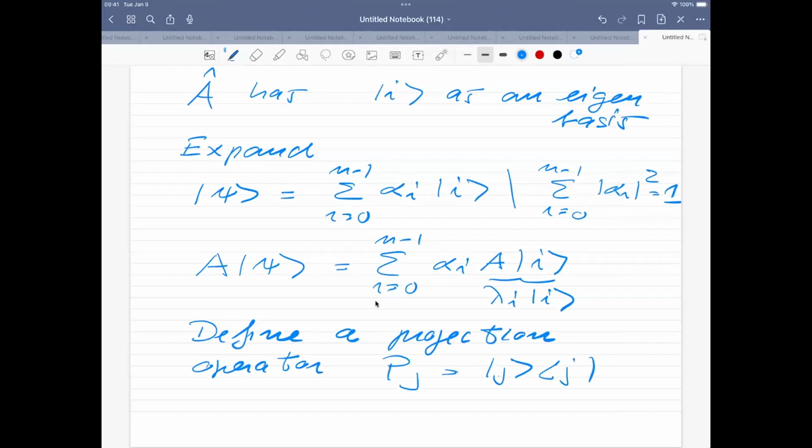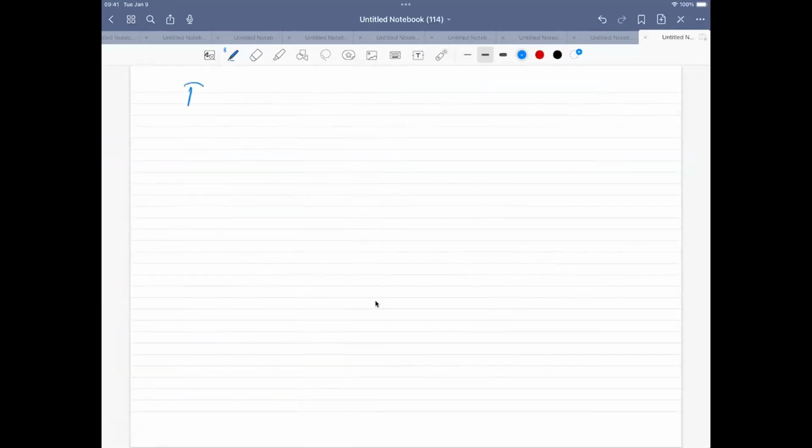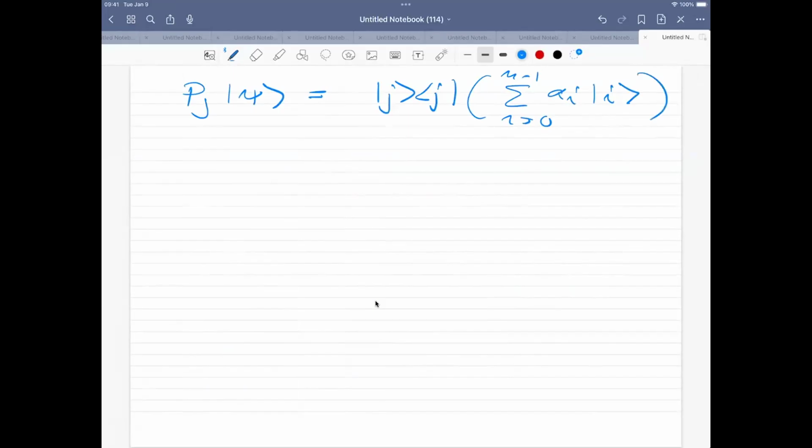So if I act with this P J on that state psi, what I get then is obviously the outer product J times J, acting on this sum from I equals 0 to n minus 1 of alpha I times the state I. And that is just the sum I equals 0 to n minus 1, and then I would have this overlap coefficient alpha I, and then I would have the overlap J with I. And we know that this is an orthonormal basis.